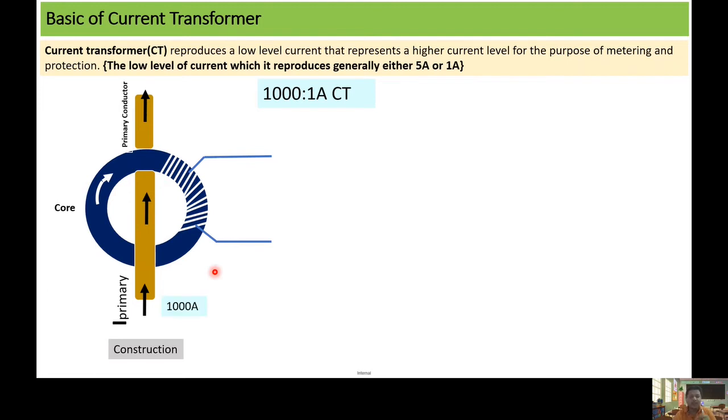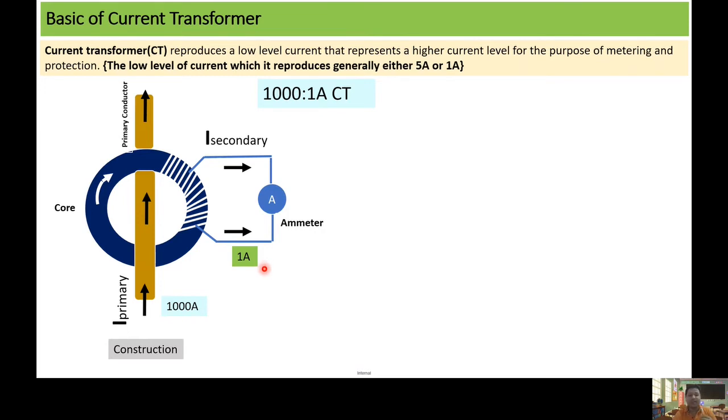For example, if 1000 amp current is passing through the primary side, then the secondary side will have 1 ampere, because the design is made in such a way that 1000 ampere will always give a resultant of 1 ampere on the secondary side.